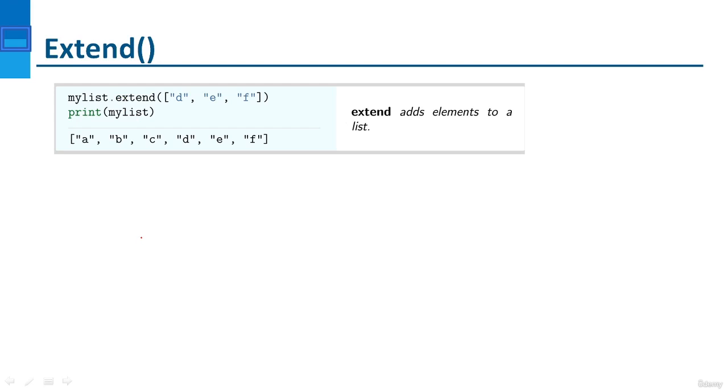Next, you can also add the elements of a list to the existing list. We already know my list contains a total of 3 elements: one is A, the other is B, the other is C. Now I want to add another list of elements to this list.